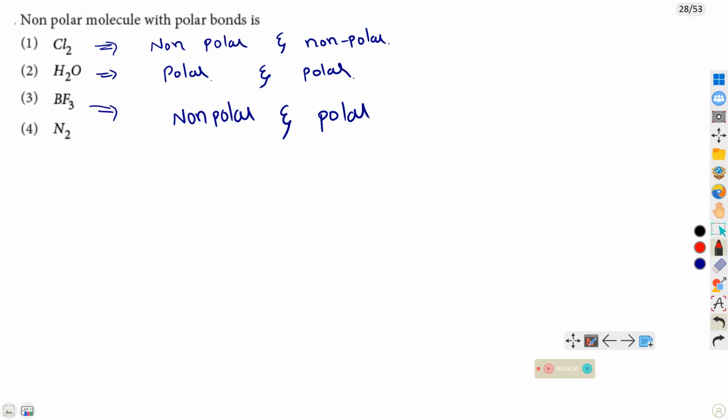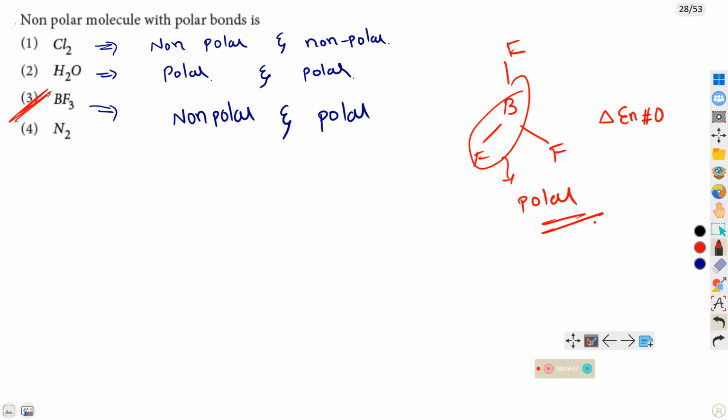Why? There is an electronegativity difference between boron and fluorine. Delta EN value not equal to 0. Some electronegativity difference is present. That's the reason BF bonds are polar. N2 is non-polar molecule with non-polar bonds.